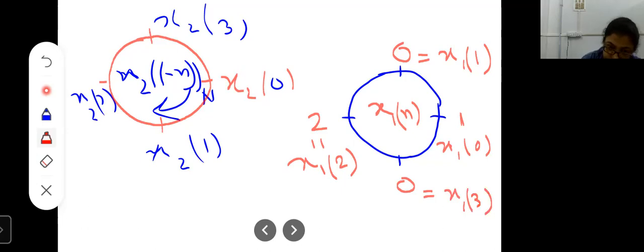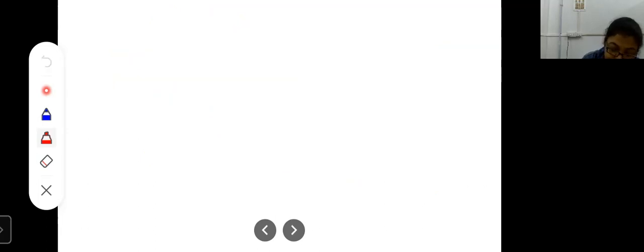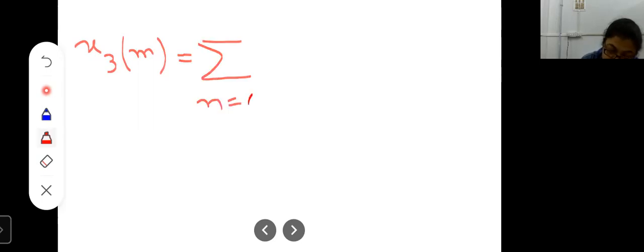Now try to remember the formula of circular convolution, I am writing it here again. That is x3(m) equals summation n equals 0 to how much? Because we are using length 4, we can apply 4-point DFT here.